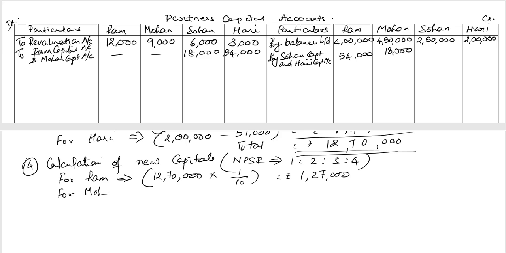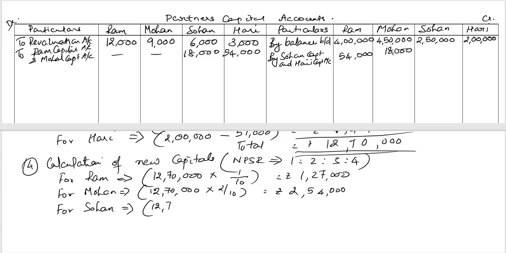Next, for Mohan, 12,70,000 rupees into 2 divided by 10, which is 2,54,000 rupees. For Sohan, 12,70,000 rupees into 3 divided by 10, which is 3,81,000 rupees.